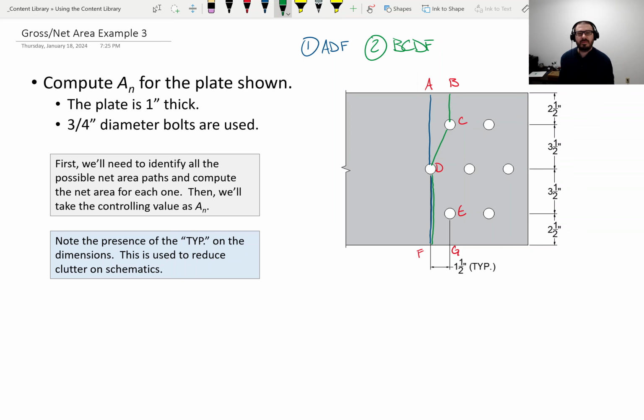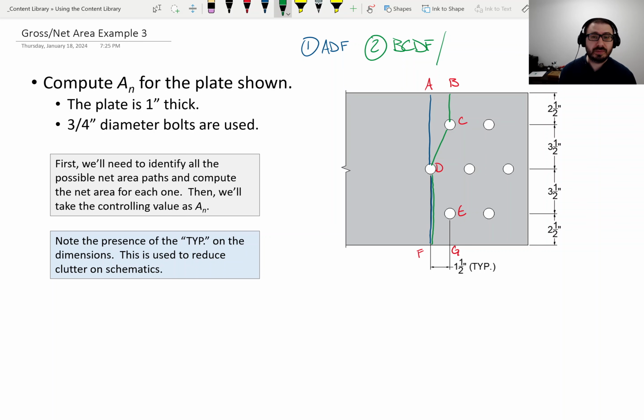Now, before I move on, one of the things to mention is what's going on here with these dimensions. It's all symmetric. We have 2.5, 3.5, 3.5, 2.5. So if I folded right through the middle, this is symmetric, which is pretty common in applications. We try to exploit symmetry whenever we can. Just because we're staggering bolts doesn't mean we have to make it unnecessarily complicated. That's not to say you will always have staggered connections that are symmetric.